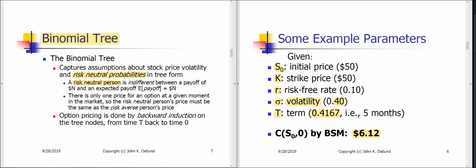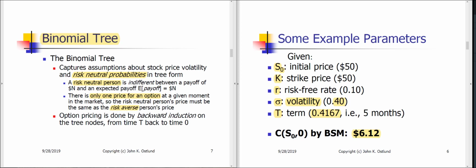Now, in fact, most people are risk-averse and would prefer a good sure thing to a possibly better risky thing. However, there is only one market, and consequently the fair price for this option has to be the same for each person in the market, regardless of how risk-neutral or how risk-averse a person might be. So we assume a risk-neutral world.